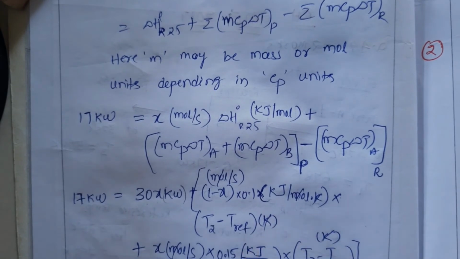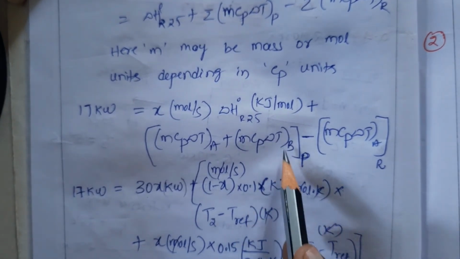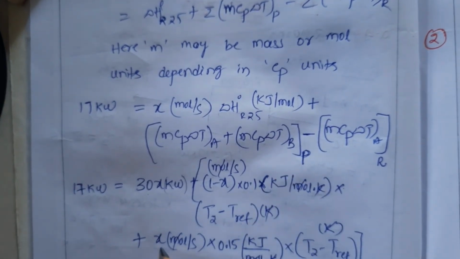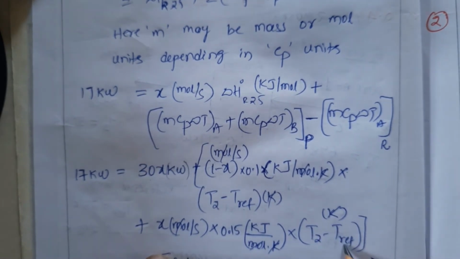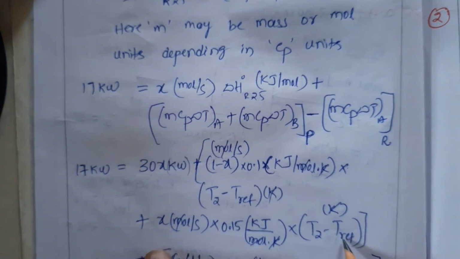Plus mCp delta T of B, that is x into 0.15 kilojoule per mole Kelvin into T2 minus the reference temperature. T2 is the product temperature, the temperature at which the products are leave, with respect to the reference temperature.